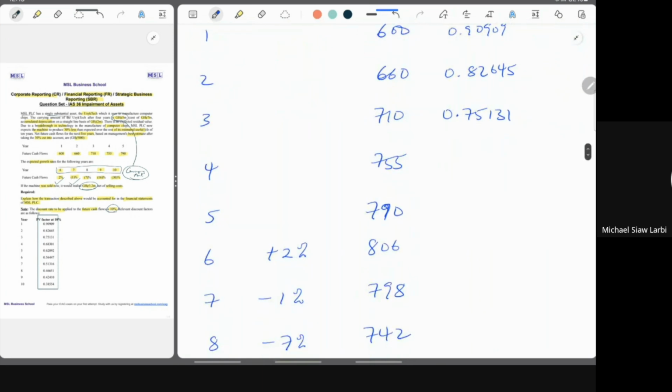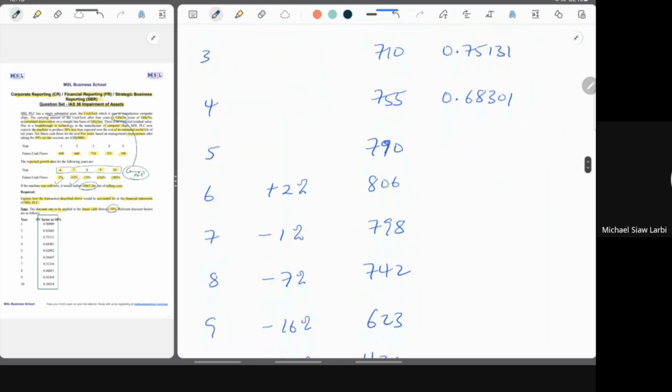Year 4, what we are given is 0.68301. Year 5, I'm given 0.62092.